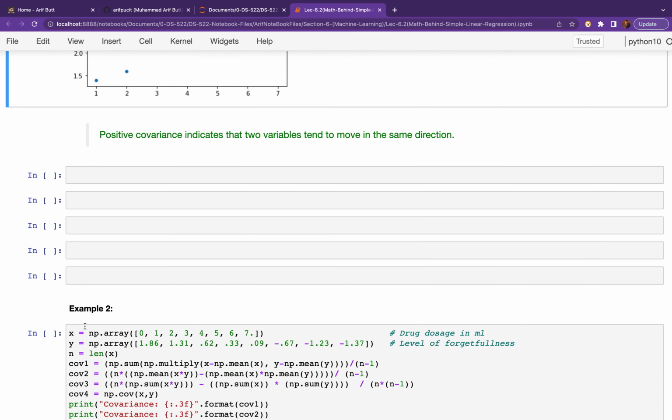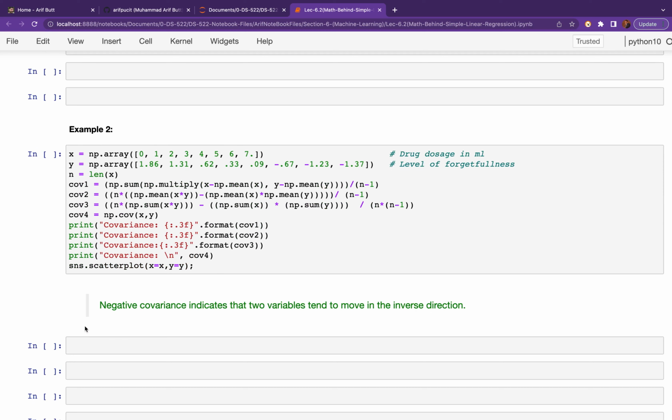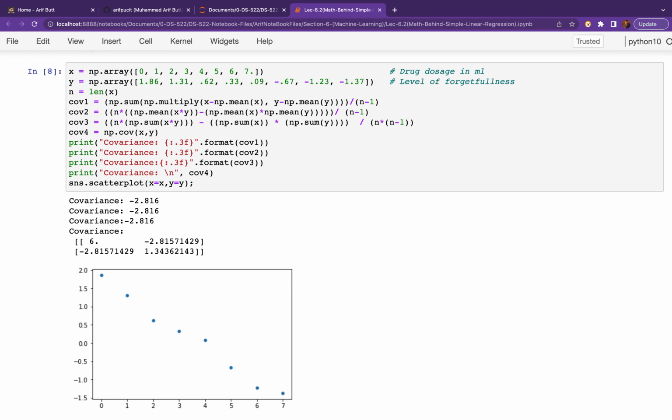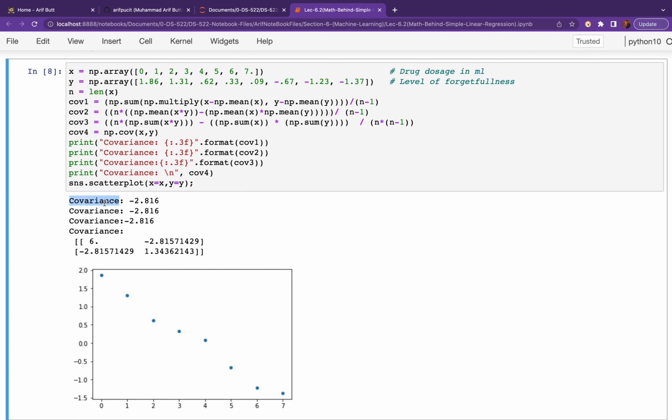Okay, let me execute the code for this example too. Same piece of code, but a bit of different dataset. See, the covariance this time is minus 2.8. And the negative relationship can also be observed from this scatter plot.